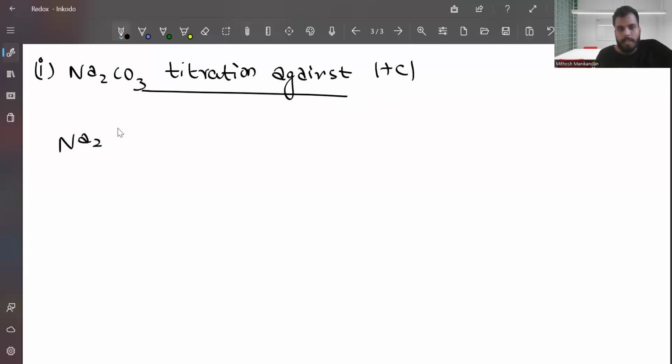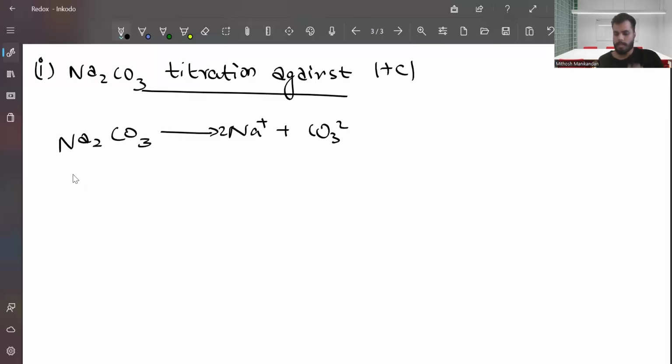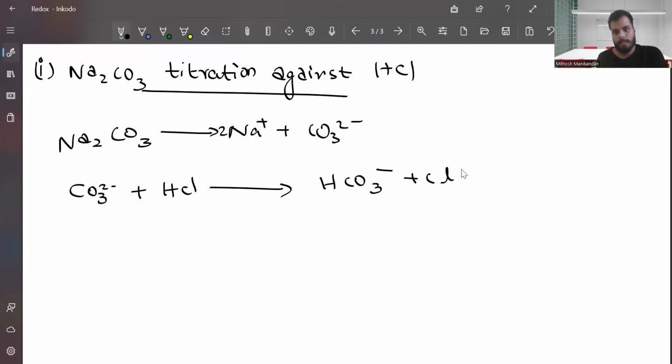Na2CO3 will give 2Na plus and CO3 2 minus. This CO3 2 minus will react with HCl, and we will get HCO3 minus plus Cl minus. So the Cl minus and Na plus will be the NaCl, correct? You can mark the aqueous for everything, but it's understood, right?